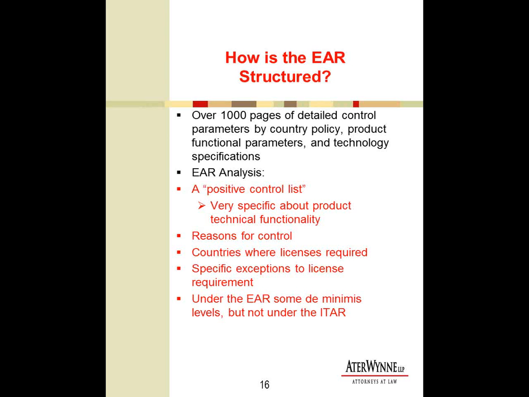I'm going to skip over the next section. It provides some information about the EAR and how it's structured. I think in the past we've talked about the Export Administration Regulations as a more specific list and a more specific description of technical functionality of products, services, and technology.